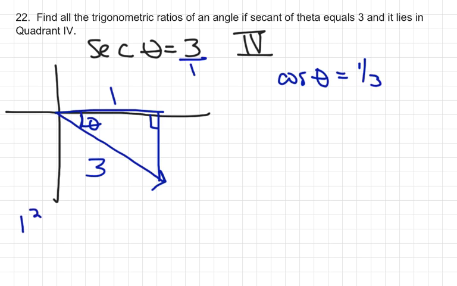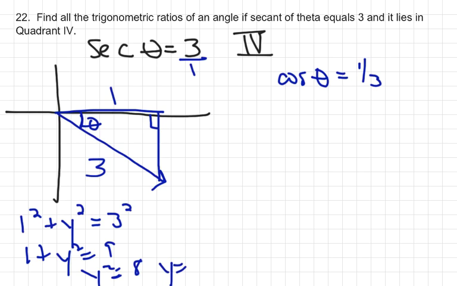So the side opposite, I use y because in the formulas we use x, y, and r: x was the value of the triangle along the x-axis, y was the value of the triangle parallel to the y-axis, and r was the radius. So 1 plus y squared is equal to 9, so y squared is equal to 8, so y is equal to the square root of 8, which is also 2 square root of 2.